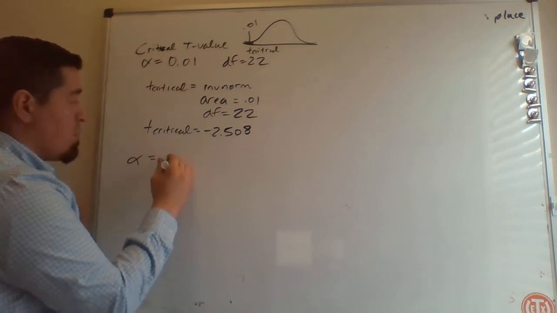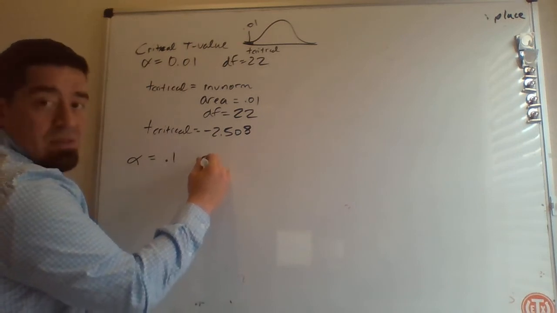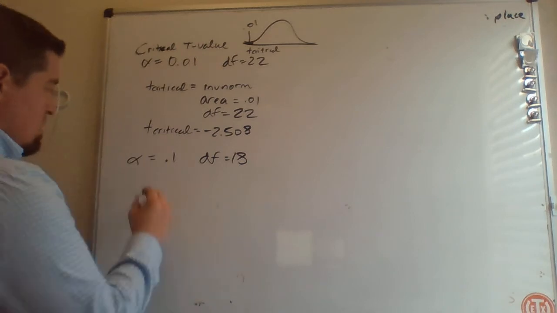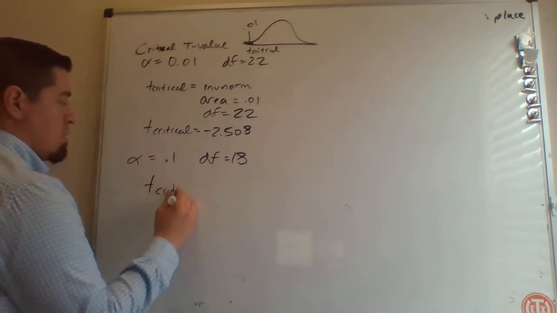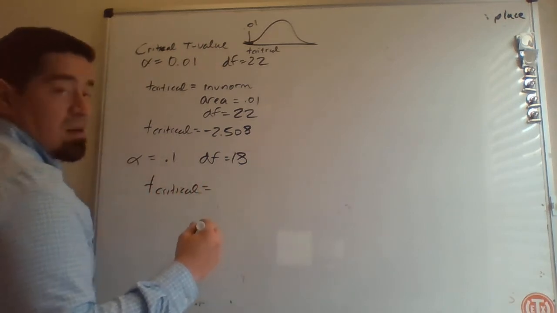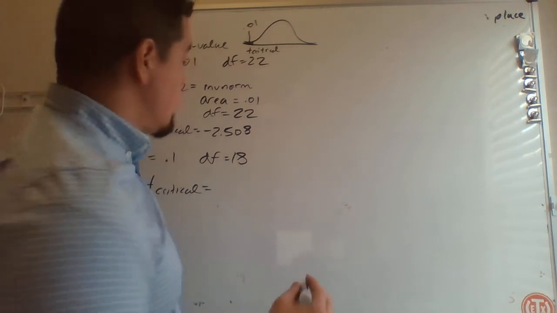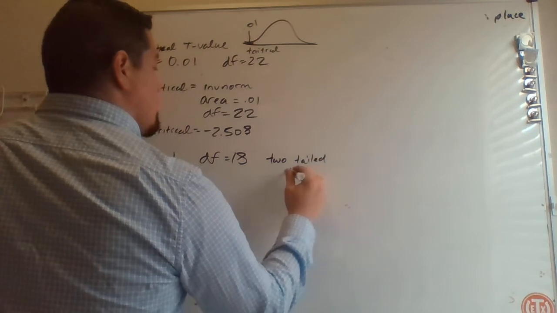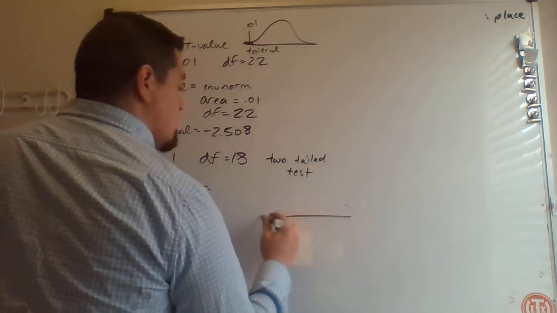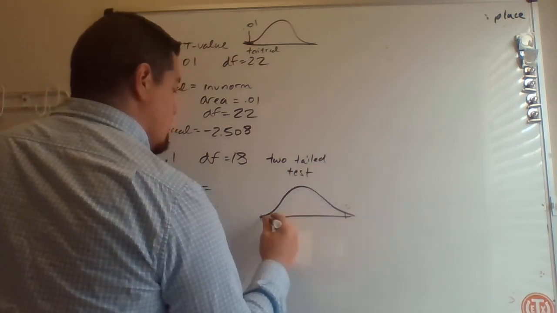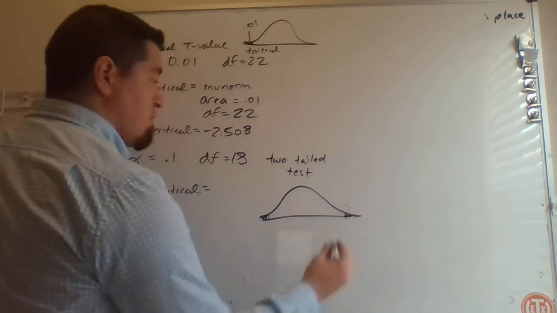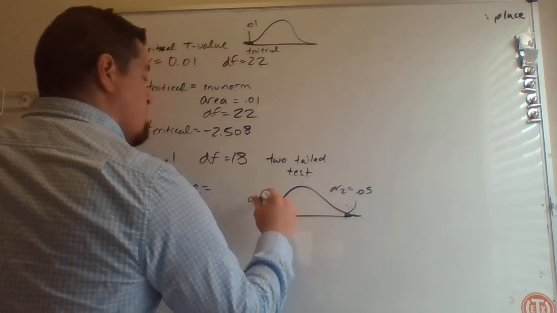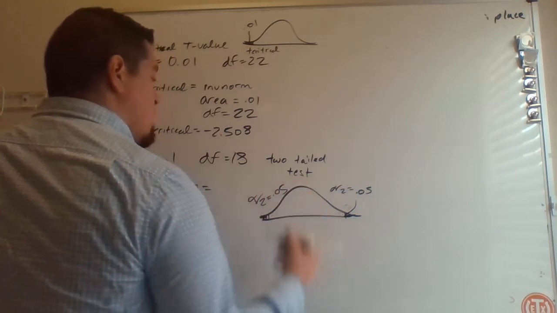It says alpha 0.1 and degrees of freedom of 18, which is a sample size of 19. So again, you're going to do t critical. This one was for a two-tailed test. Okay, so you imagine the areas on both sides for your alpha, so this is 0.05, that would be alpha over 2, and this is 0.05, that's alpha over 2.